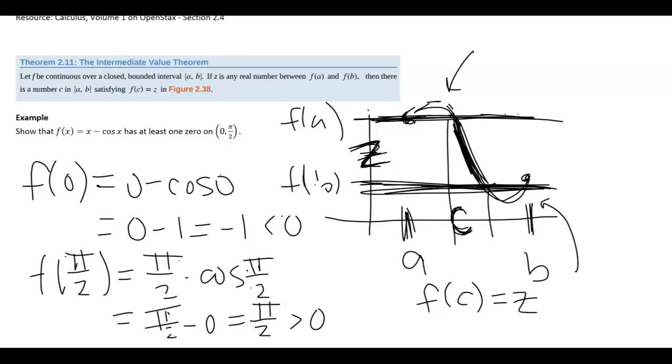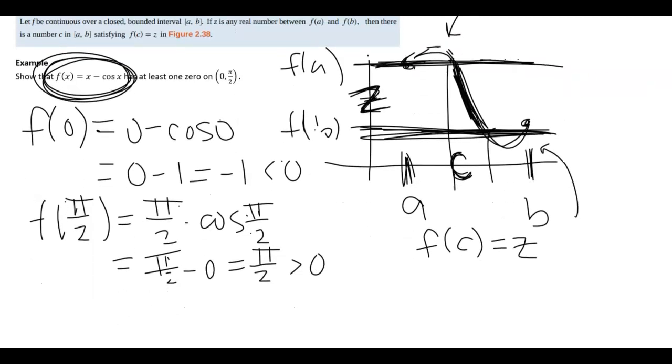Now the big piece here is this function is a linear combination, so a plus, minus, or multiple of two continuous functions. So f of x is continuous.